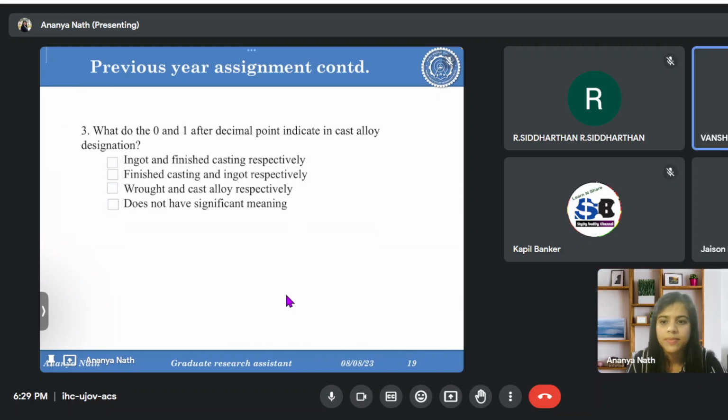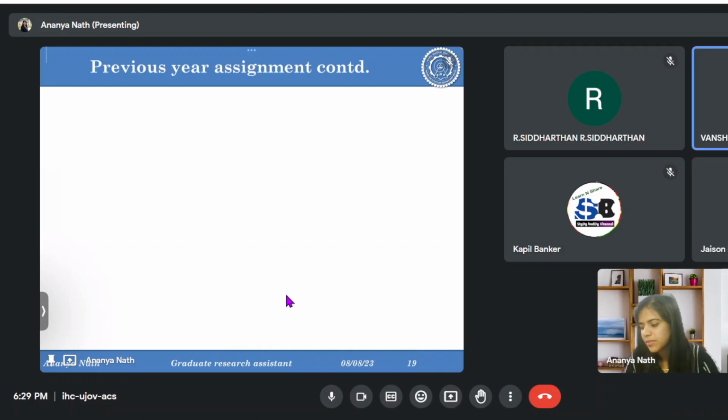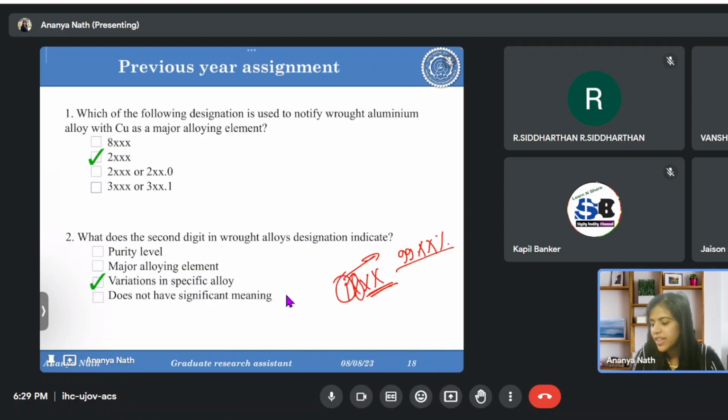Ma'am, could you please elaborate on that? What variations are there? Variation in specific alloy doesn't mean that if in the 2000 series, a copper alloy, you are mixing around 1.2% copper, that 1.2% will be written over here. It will show us some digit. If you go deep into that number, you'll see which specific alloying elements are present.